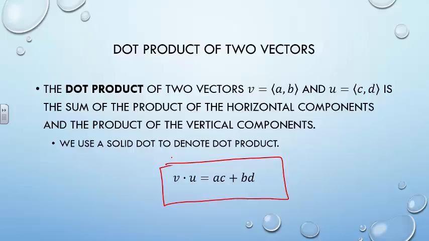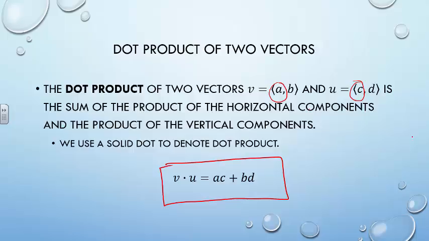So what do we mean when we say the product of the horizontal components? In our generic vector v, we have a horizontal component a. Remember, that's in the x position. And we also have a horizontal component of c, which is in the x position for u.